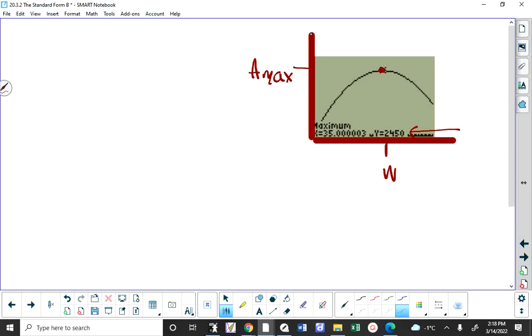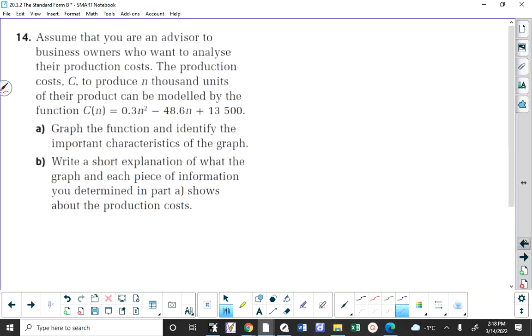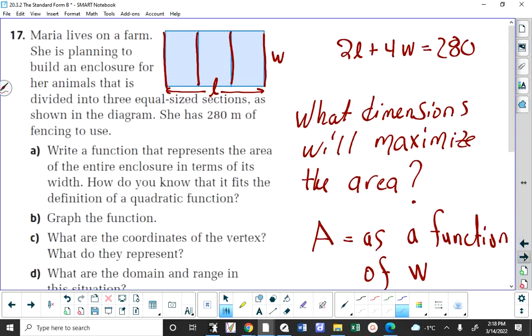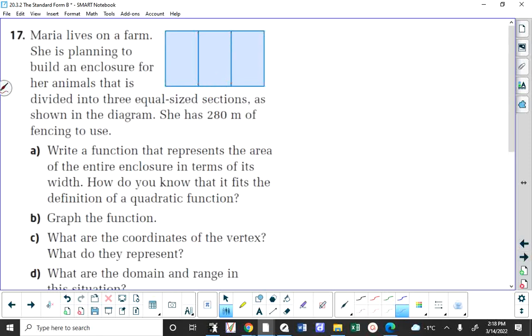I'd like everybody right now to figure something out for me. If this is 35 meters, what's that? And there's at least 2 ways you could figure it out.